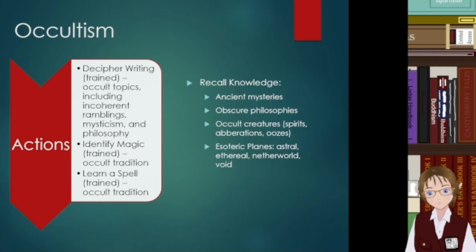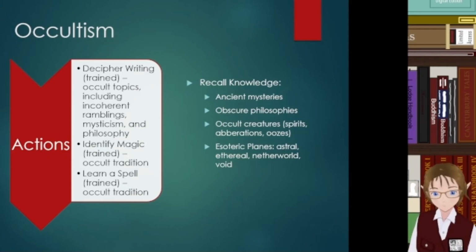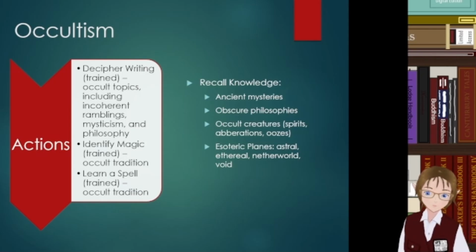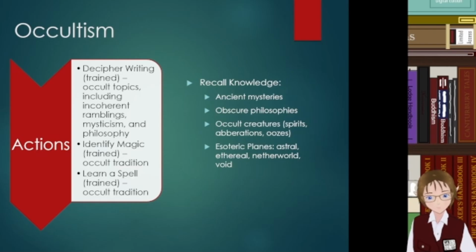Decipher writing for occultism is interesting, and I added a bit more to highlight it, because it's not just for specifically, like, what is the spell mechanic. It's also for topics like incoherent ramblings of a madman, and obscure philosophies, and mysticism in general.